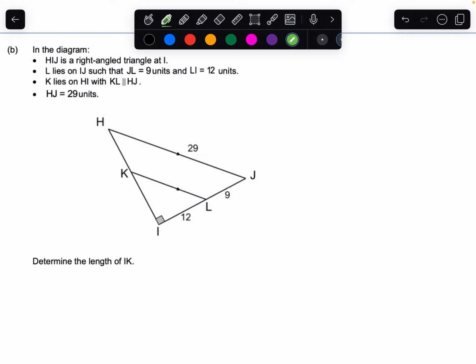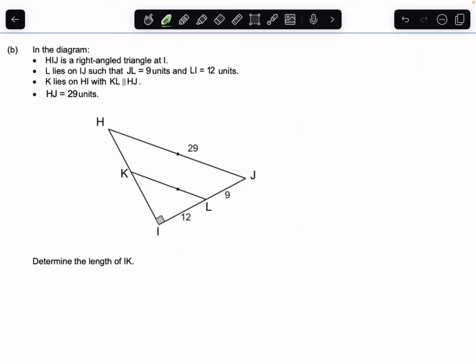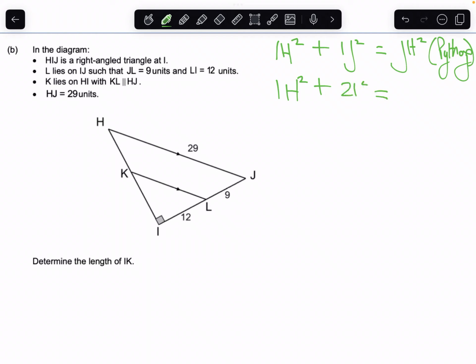So, right. We're going to start by working out the length of IH using Pythagoras. So IH squared plus IJ squared is equal to JH squared. That's because Pythag said so. So IH squared plus IJ, which is 12 plus 9, which is 21, squared, is equal to 29 squared.